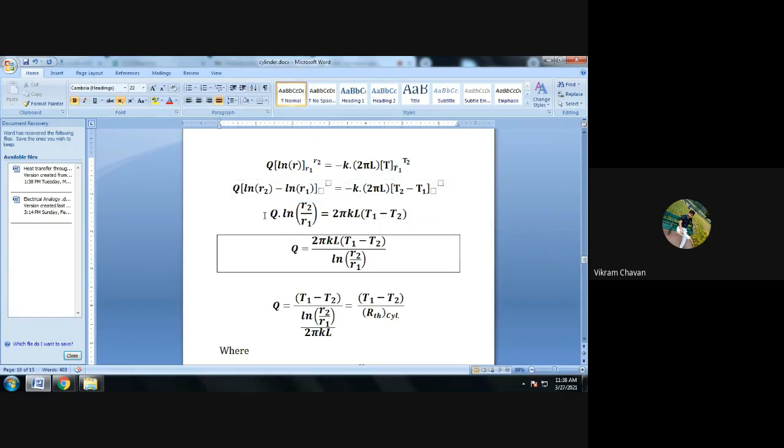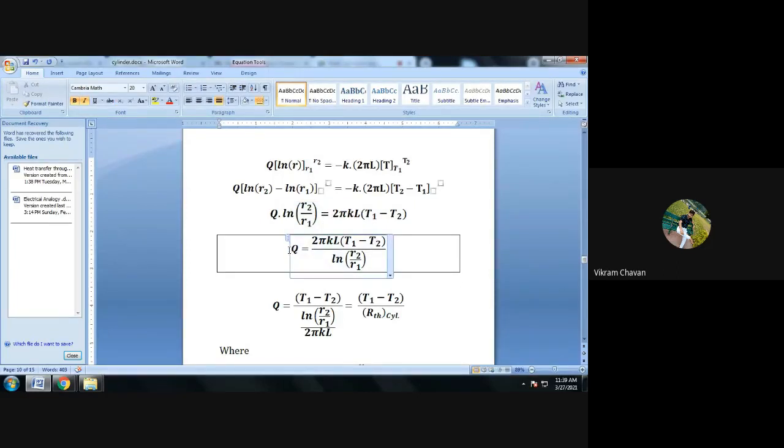We have to determine the heat transfer rate, so we have to convert this equation into the form of Q. For that purpose, this ln term we have to shift to the other side.